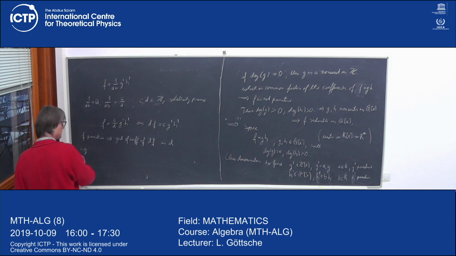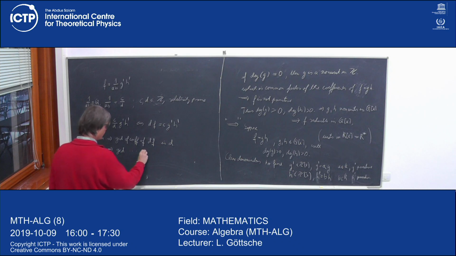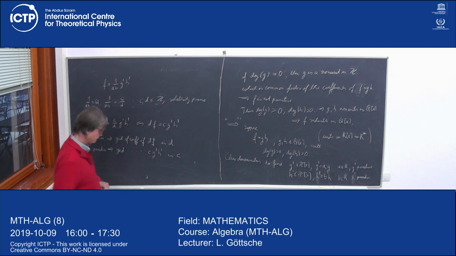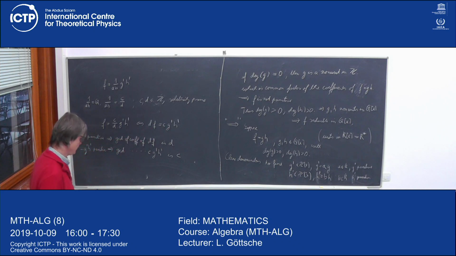And G prime and H prime are primitive, which means a greatest common divisor of the coefficients of C times G prime H prime is C. Now these two things are equal, so the coefficients are the same.